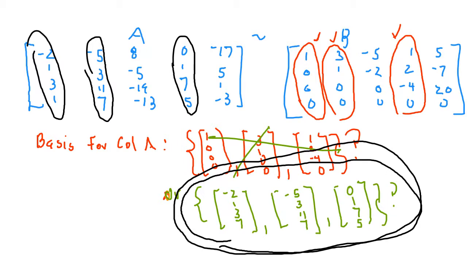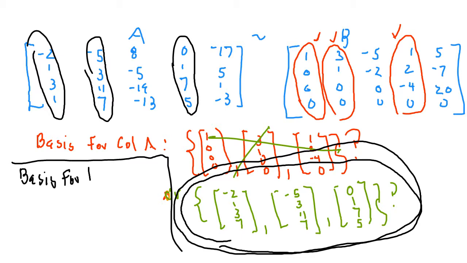The row space of A, the basis, if we want the basis for the row space of A, okay, in that case, if you look at the row space here, think about your pivot columns, but going across.